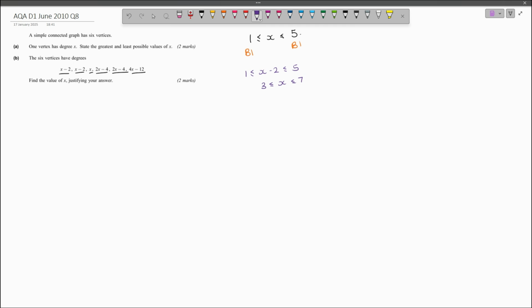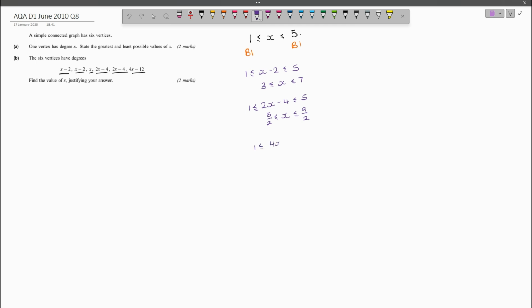We can try 2x subtract 4. If 2x subtract 4 is between 1 and 5, then 2x is going to be between 5 and 9. So x is between 5 halves and 9 halves. And we can try 4x subtract 12.